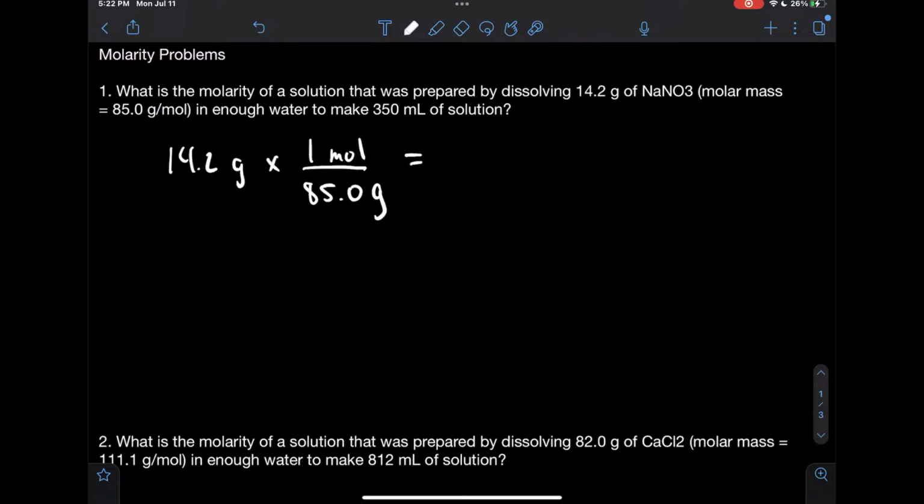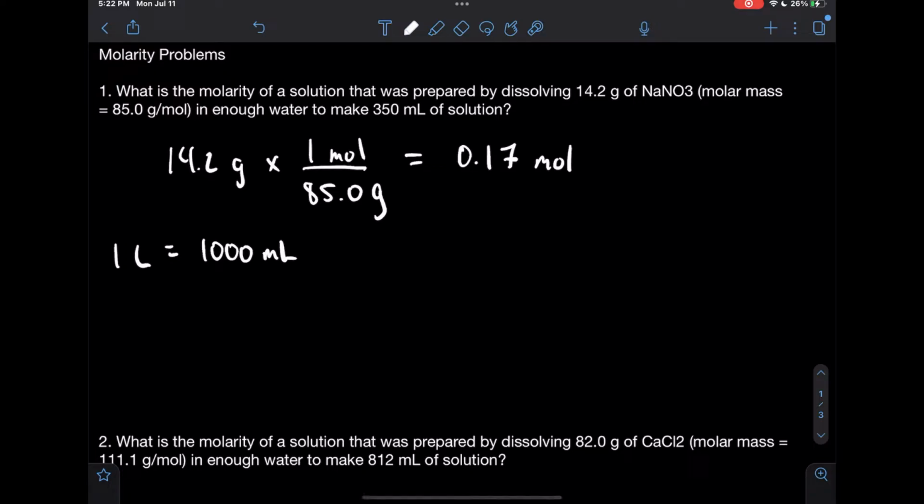After calculating that out, you'll see that 14.2 grams is equal to 0.17 moles. Now the second part says, in enough water to make 350 milliliters of solution. Well, we know that 1 liter is equal to 1,000 milliliters.